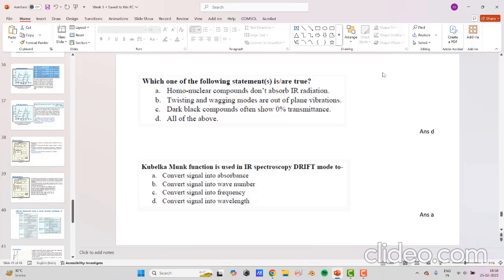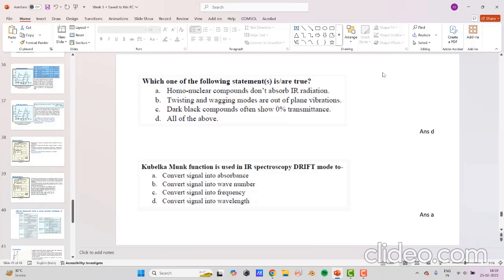If we have HCl, that means H has some dipole, H is positive and Cl is negative, so there is a change in the dipole moment. If both are the same, then there is no change.